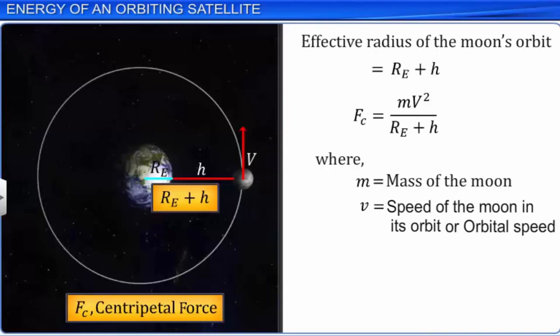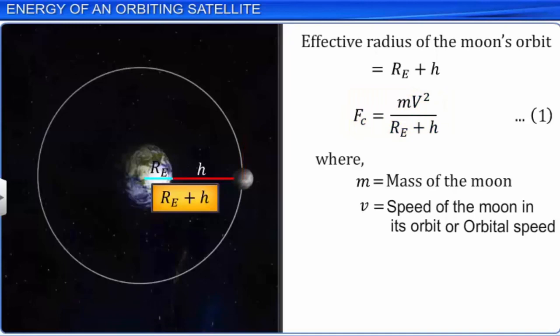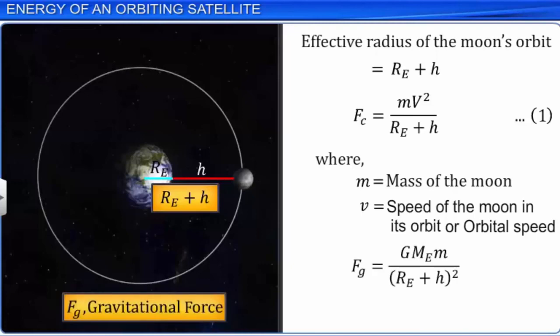The gravitational force between the Moon and the Earth is expressed as F_g is equal to G M_E m by R_E plus h square, where M_E is the mass of the Earth. Let this be equation 2.